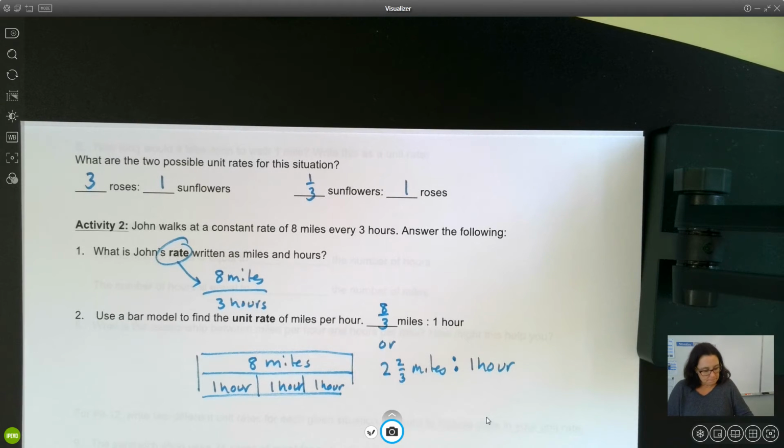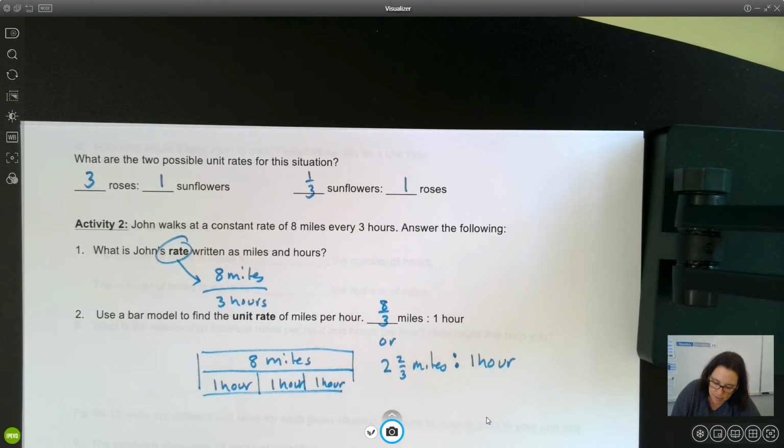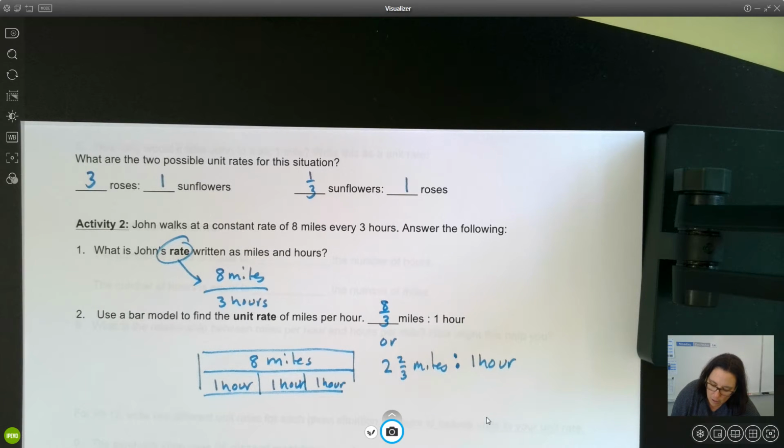All right, so it says use a bar model to find out how far he can walk in 5 hours. Well, if each hour is 2 2/3 miles, one hour, 1 hour, 1 hour, 1 hour, 1 hour.